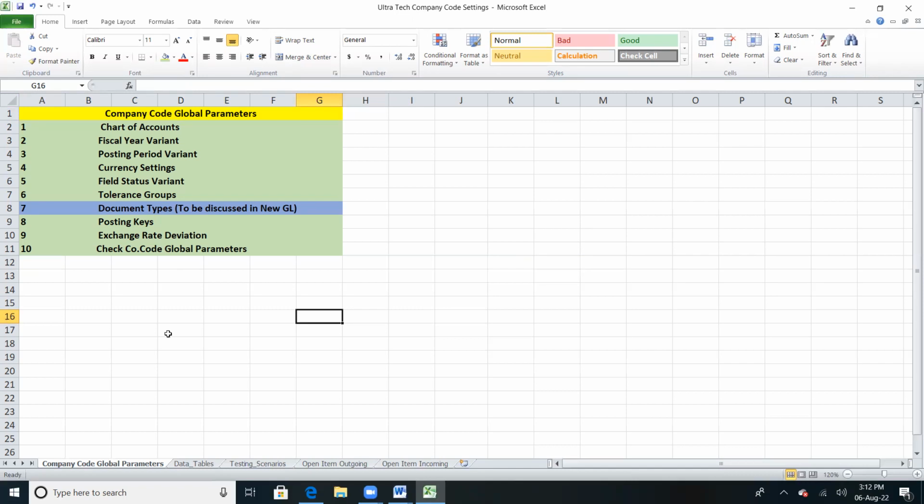Sometimes they will literally ask about company code creation, but there is no company or company code creation over here. So please go through this and write it down. Put it on paper. Once you're done, let me know, please.